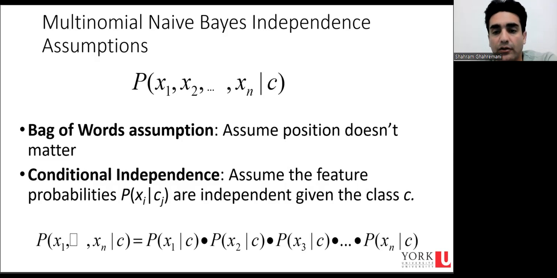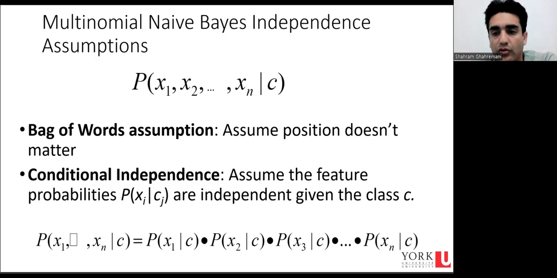So the result of these two simplifying assumptions is that we are going to represent the joint probability of a whole set of features x1 through xn conditioned on a class C as the product of a whole bunch of independent probabilities: the probability of x1 given the class, the probability of x2 given the class, the probability of x3 given the class, and so on, up to the probability of xn given the class.